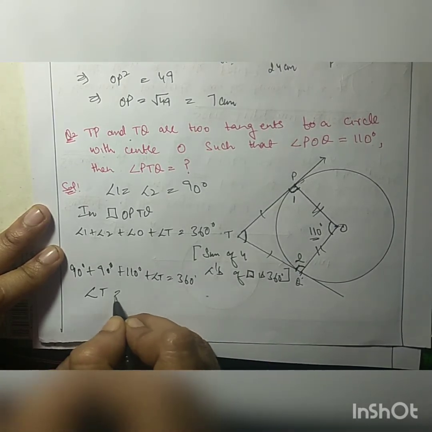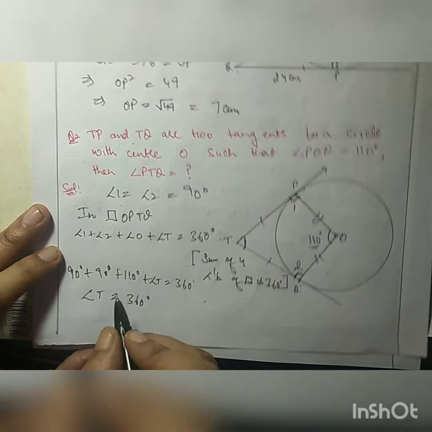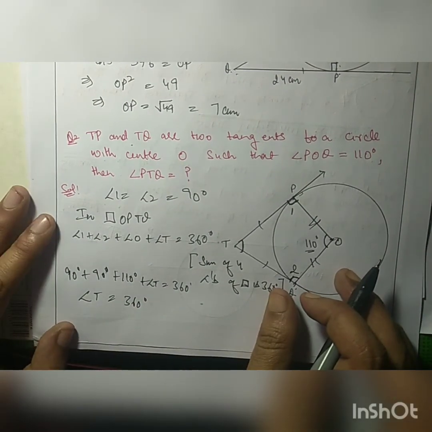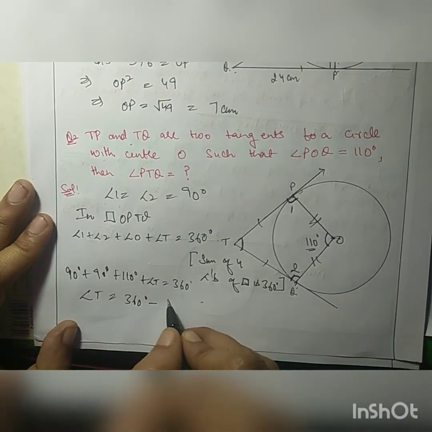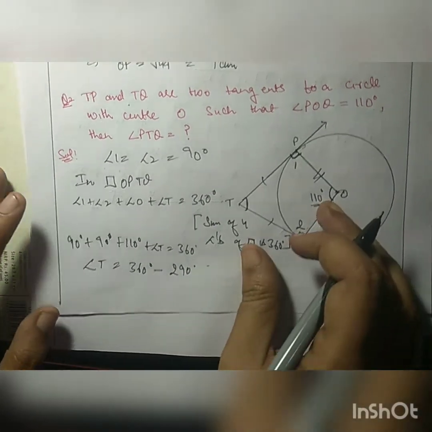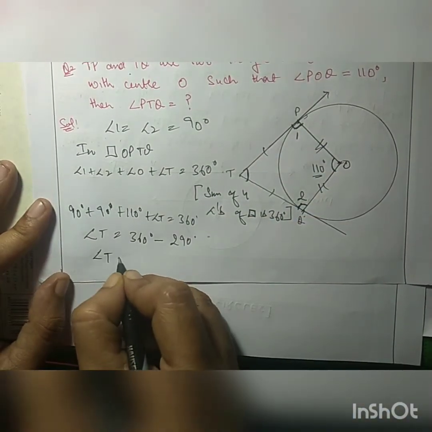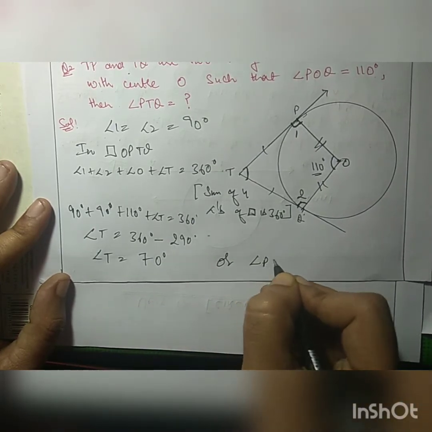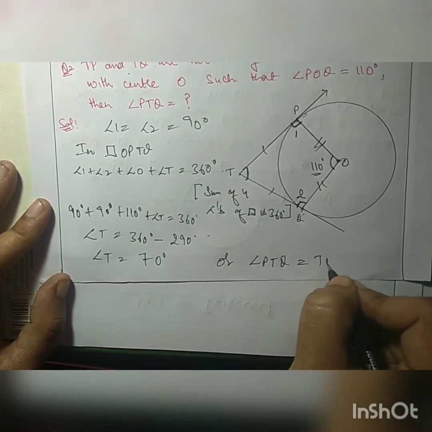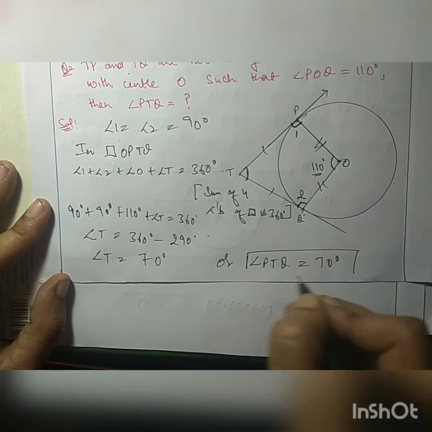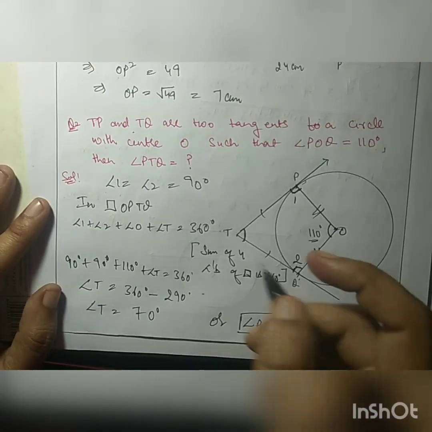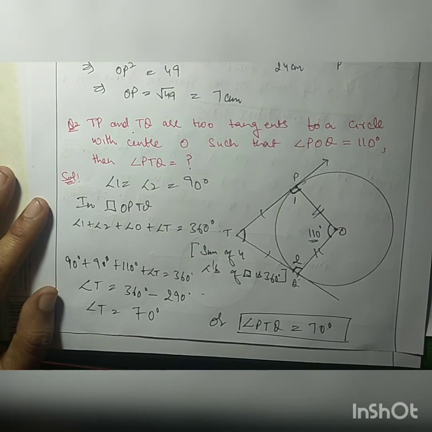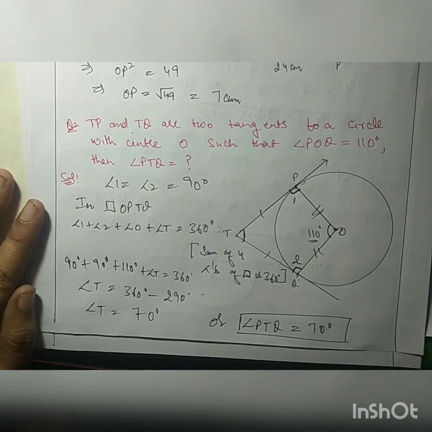So angle T is equal to 360 minus, 110 plus 90 is 200, plus 90 is 290, minus 290 degree. It gives angle T is equal to 70 degree, or we can also write angle PTQ as 70 degree. So the right option here is 70 degree.